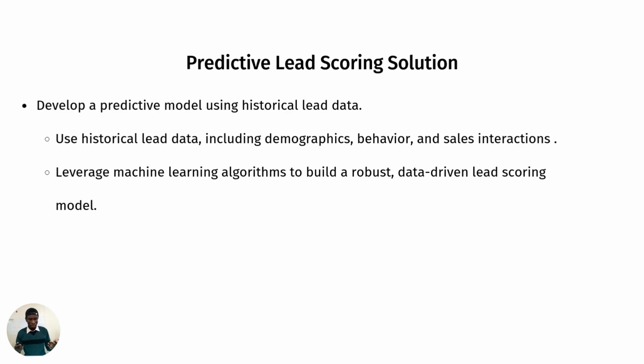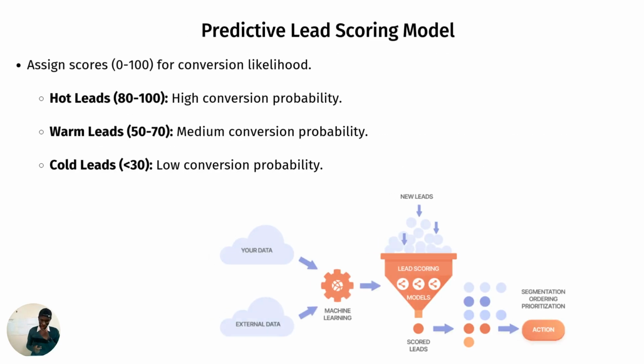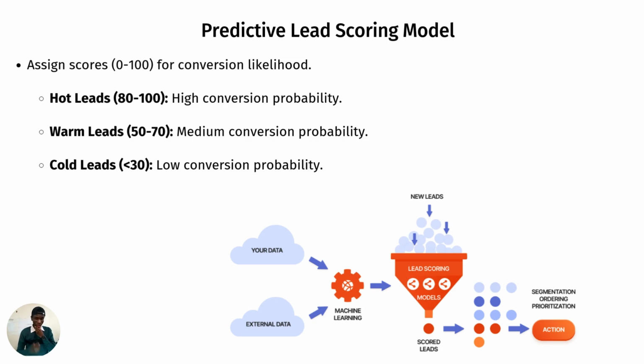And if you ask, what is this model going to do? This is what the model is going to do. With the predictive lead scoring model, we're going to assign scores between 0 and 100. These scores will depend on the conversion likelihood of the different prospects interacting with the website or with calls and all that.